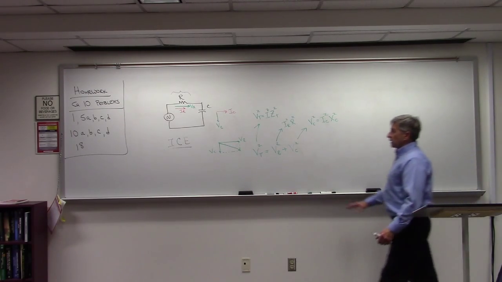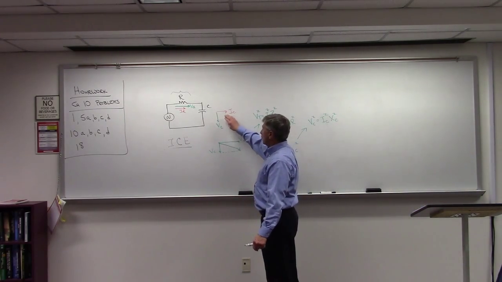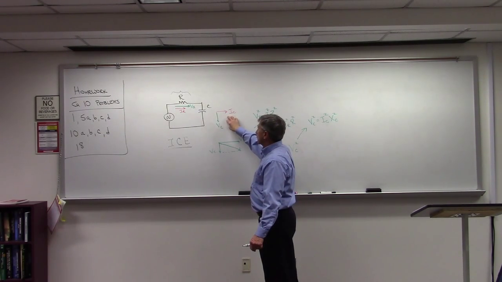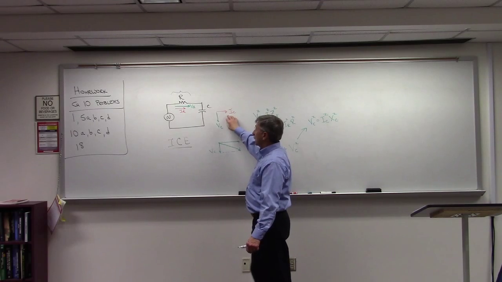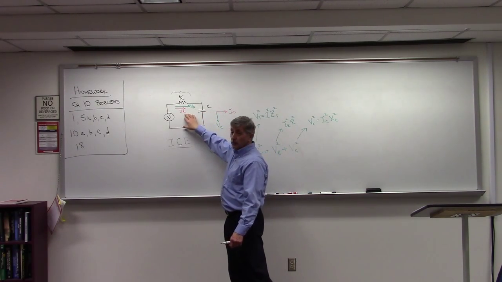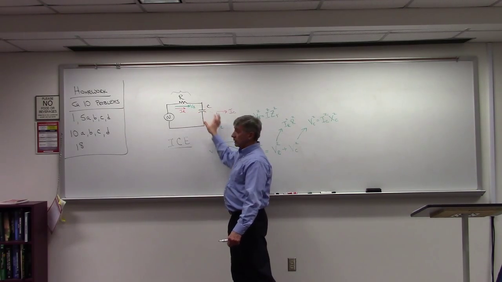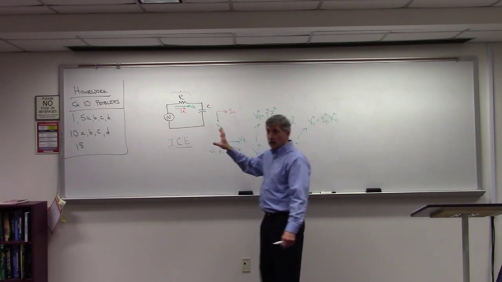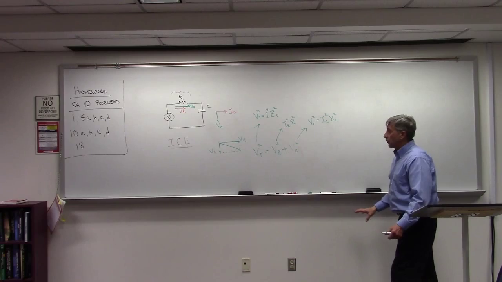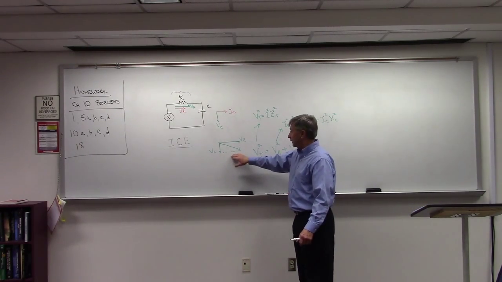So what I've done is start out with my two vectors for current and voltage across the capacitor, and two vectors for current and voltage across the resistor. I know that the current is the same everywhere in a series circuit, so my starting point is going to be voltage.